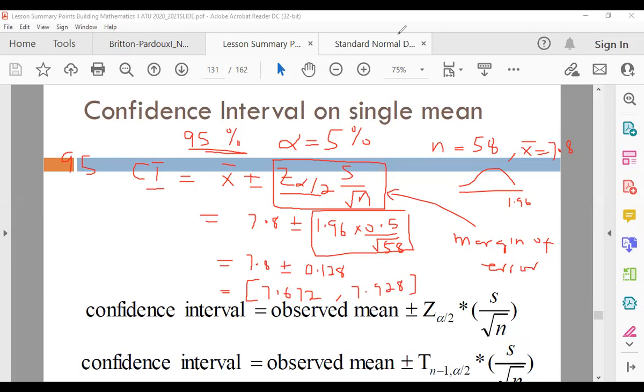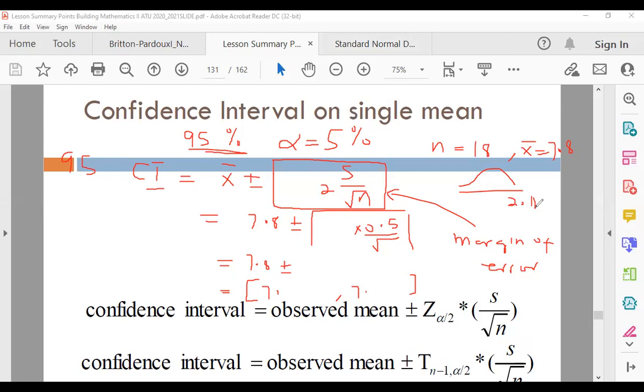The only difference is instead of Z, we're going to make use of T. In the second scenario where our sample size was 18, if you recall, our critical value was 2.110.